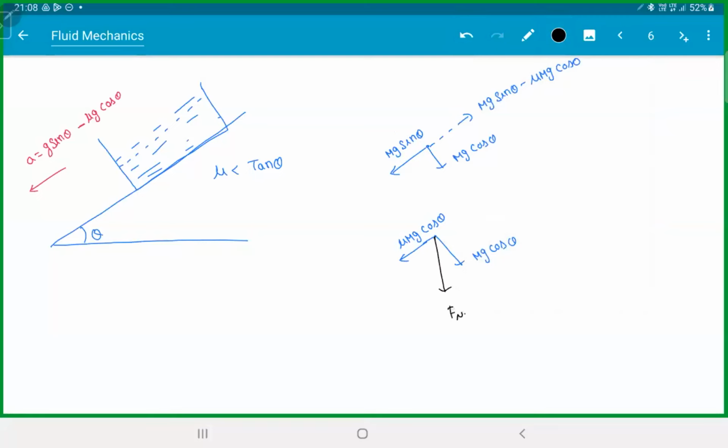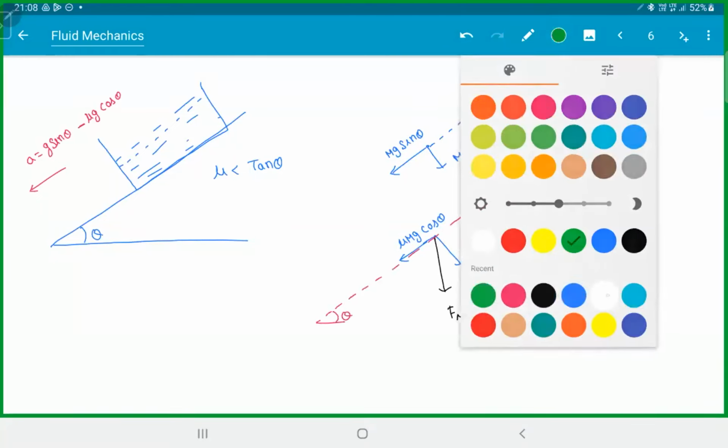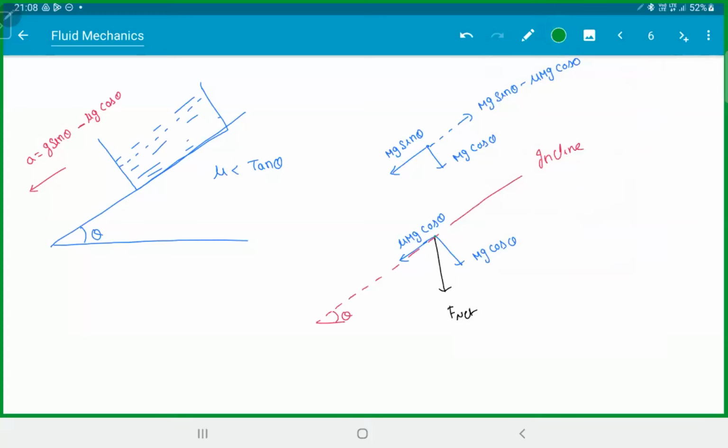this is F net, right? This is the incline. So the liquid surface would be perpendicular to whom? The black line, right? This is the liquid surface, which is perpendicular to this black line.